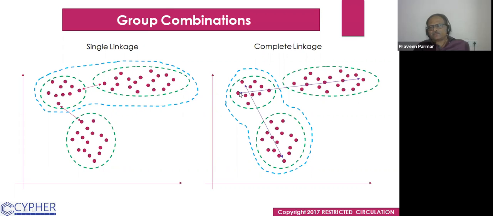So we see the distance of the farthest point, this distance, and here the farthest point, this distance, and we see where the minimum distance is. Here also we finalize with the minimum distance. So this distance is less than this distance. Got it? So these two groups will merge together in the complete linkage. Any doubt?